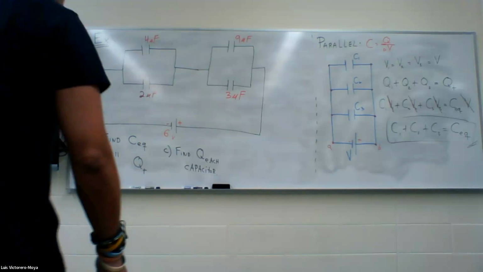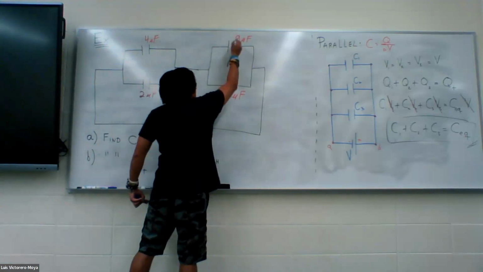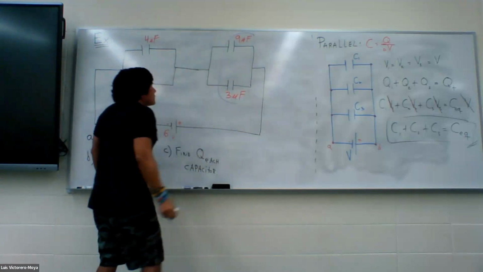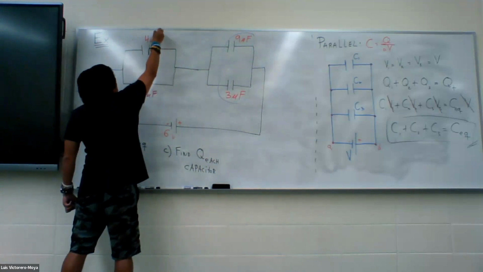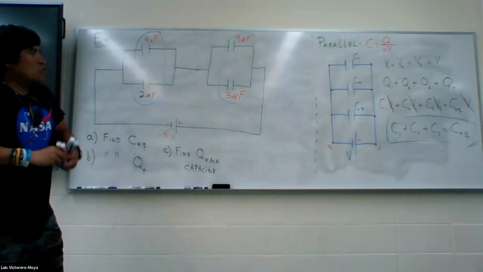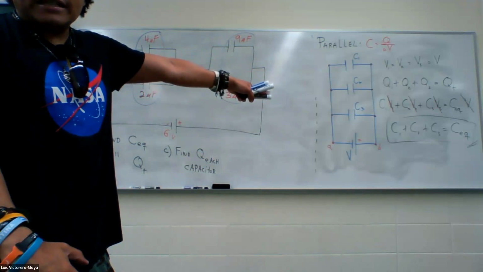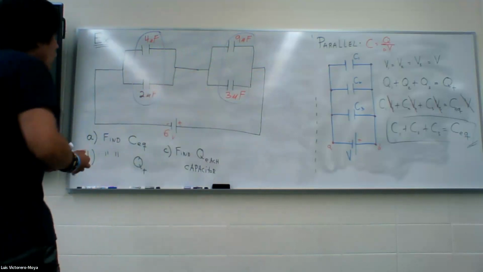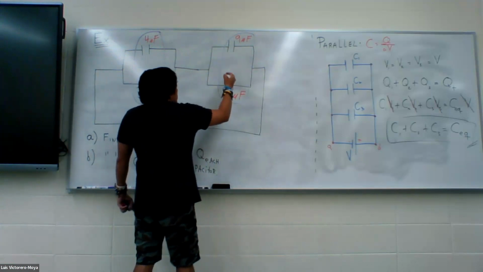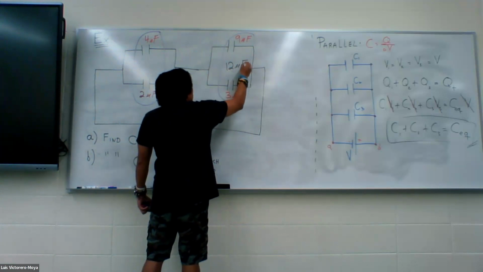Well, let's see. These capacitors here are in parallel. And also these 2 are in parallel. We join parallel capacitors by adding them. So your 9 and 3 basically combine into a 12 microfarad.